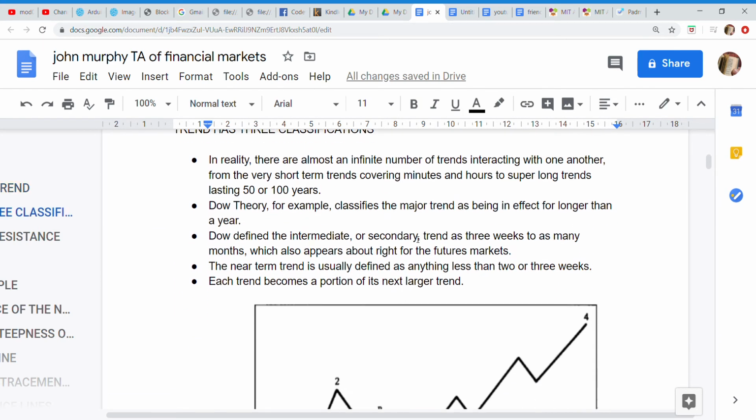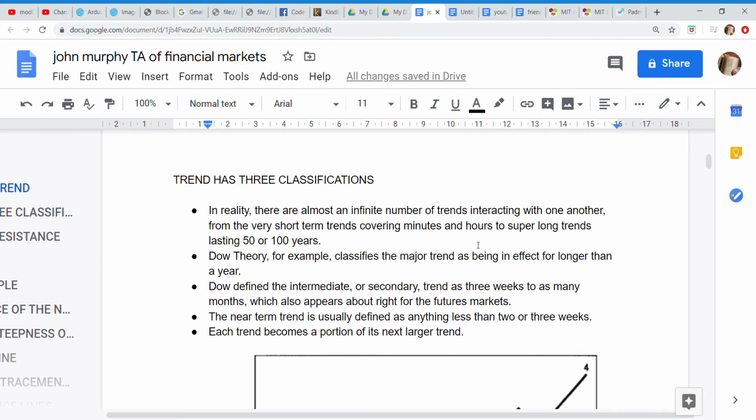Trend has three classifications. In reality, there are almost an infinite number of trends interacting with one another, from the very short term trends covering minutes and hours to super long trends lasting 50 to 100 years. So there is a short term trend, then a larger trend, as we saw in the first or second chapter.